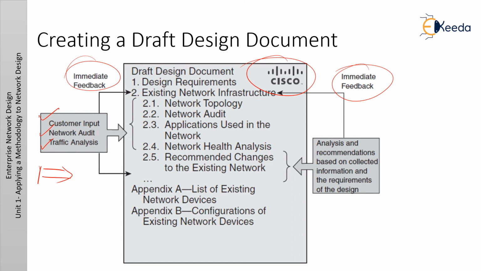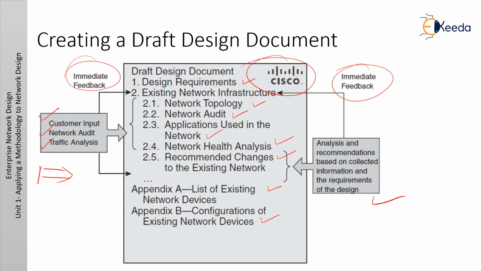Analysis and recommendation based on collected information and requirement of the design. Customer input is also there, and already existing information is also there. So in this, design requirement, existing network infrastructure, network topology or network audit, applications used in the network, network health analysis, recommended changes to the existing network, and list of existing network devices and configuration of existing network devices.